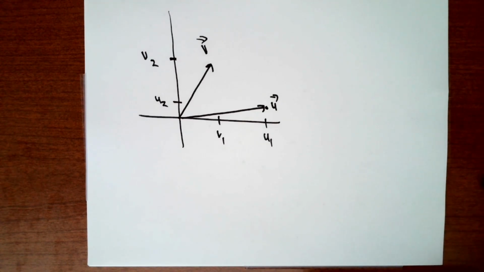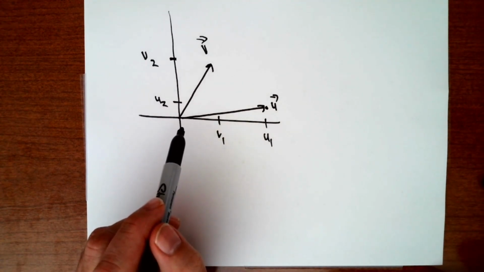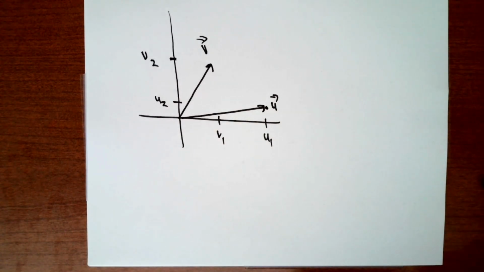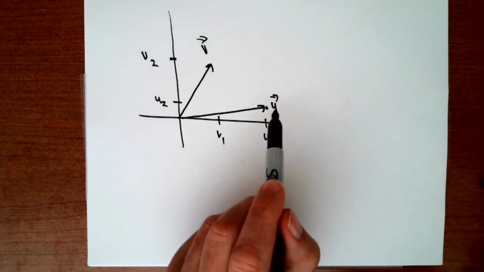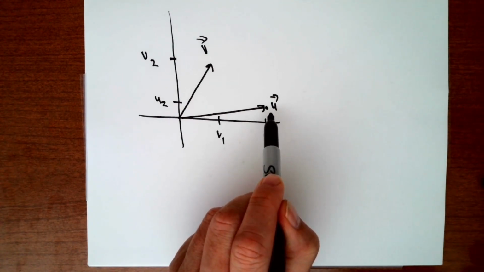What we're going to do is make a copy of vector v. We'll make a vector that is parallel to v, has the same length as v, but its initial point is going to be at the terminal point of vector u.